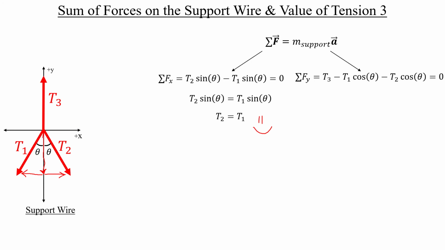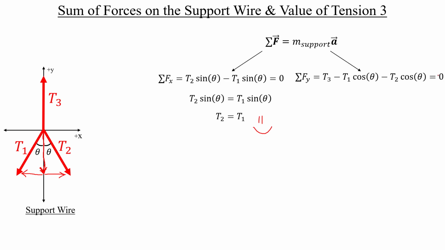It's literally along the exact same axis. And that's why both of these are negative, according to this diagram here. And the support wire, like we said, it ain't moving. It ain't moving sideways, it ain't moving up and down. So the acceleration in the x direction and the y direction, both 0.